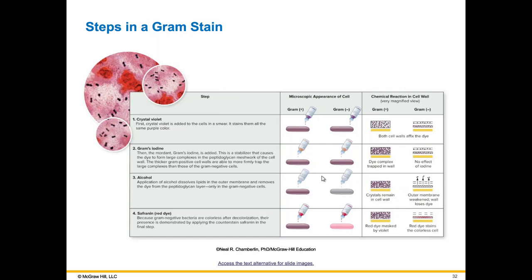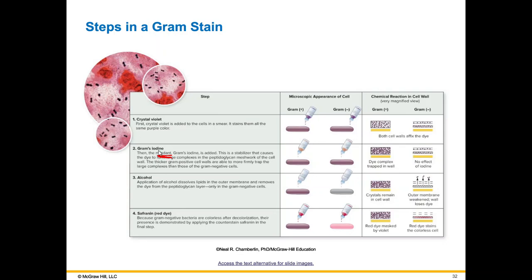You would first apply crystal violet. It's a stain, and it's a purple color if you couldn't tell by the name. We'll wait 30 seconds. We will rinse it with water. We will then add gram's iodine, which is a mordant. So this is a stabilizer that causes the dye to complex with the peptidoglycan. Essentially, it helps it stick to the bacteria.